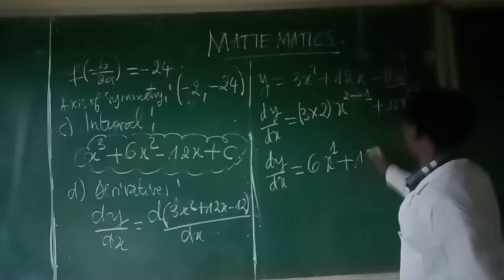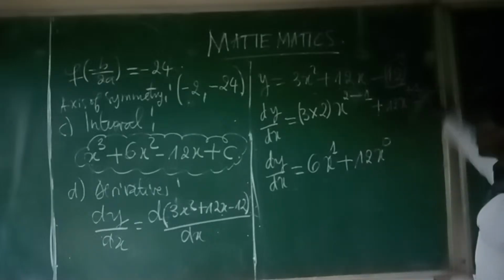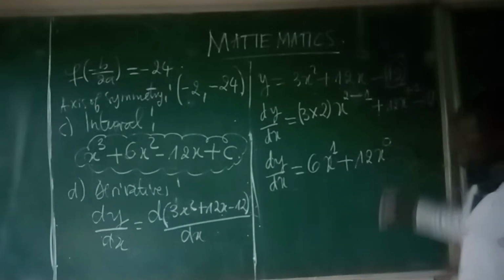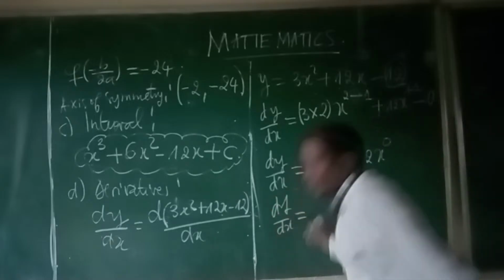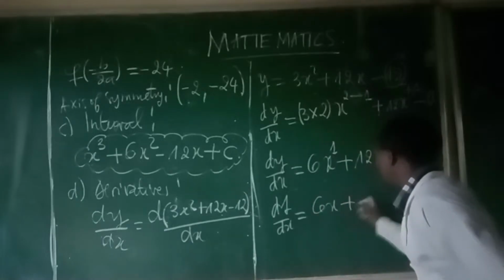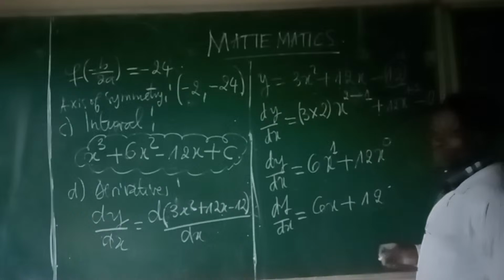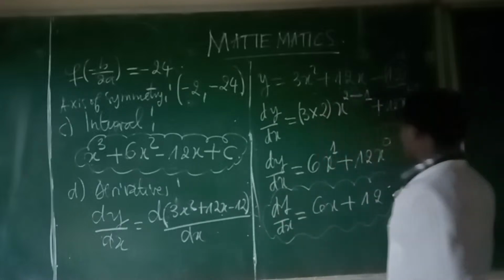Plus 12x power 0, because 1 minus 1 is equal to 0. Now dy over dx will be 6x plus 12. Are we together? So this was about derivative.